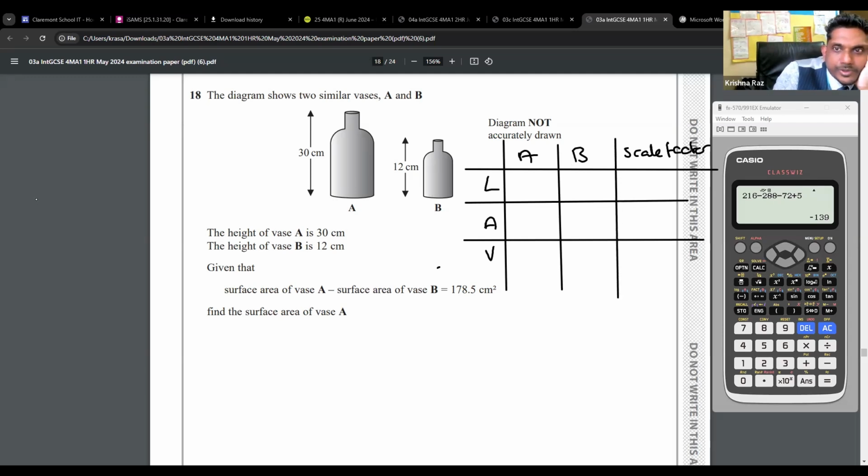The scale factor is what we call K, K squared, K cubed. So the height is a length, is 30, and the height of B is 12. So if we do 30 divided by 12, we'll get 2.5.